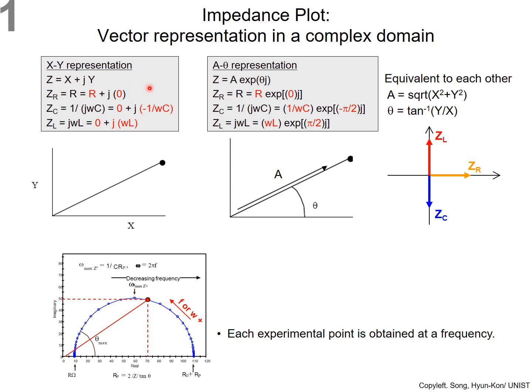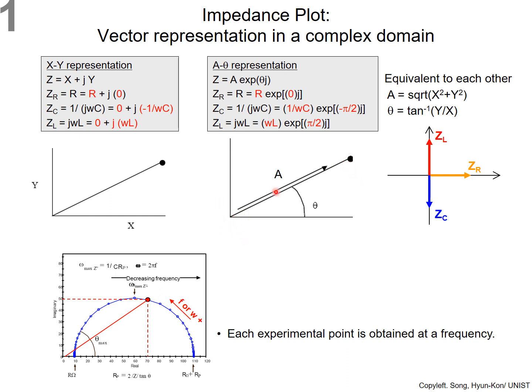Then we could also use an A theta representation. A stands for the amplitude, and theta represents the phase angle, or sometimes phi. Actually, I have said that in the previous slide. It is the same complex domain in the Cartesian coordinate, and we have a point here.